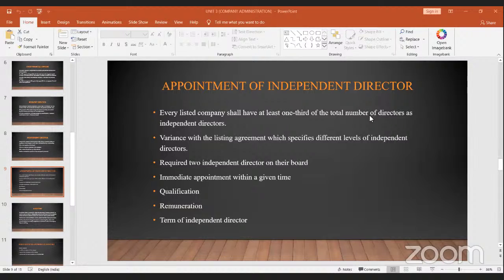Apart from that, you should have a minimum percentage. See, chartered accountant is not that simple. It is in stages.